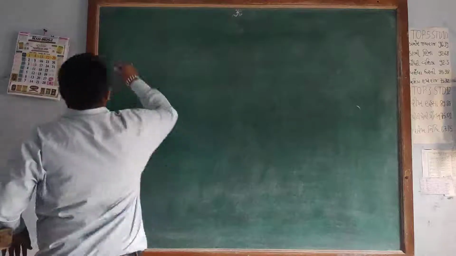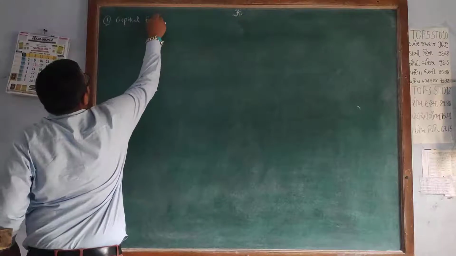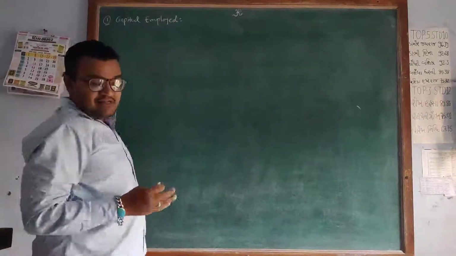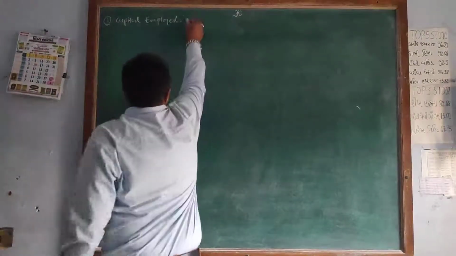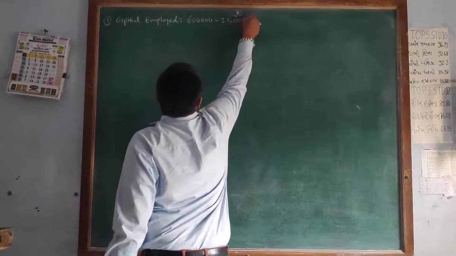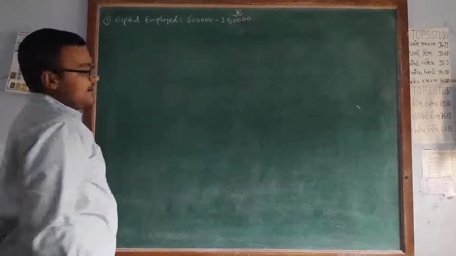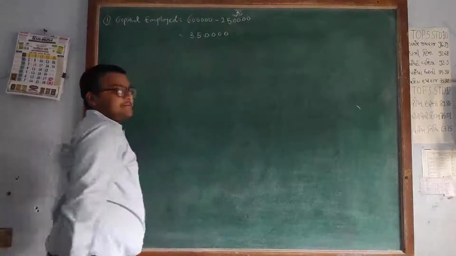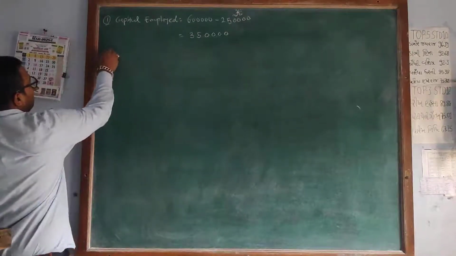So first step will be capital employed. What will be the value of total assets? It will be 6 lakhs, minus total liabilities 2,50,000. So capital employed will be 3,50,000. Complete.